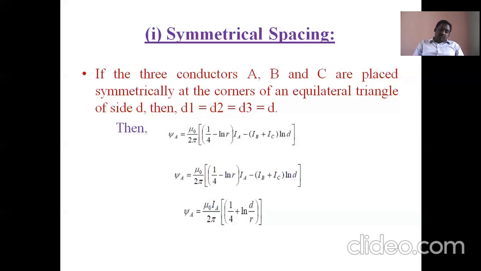So mu naught by 2 pi, Ia common, 1/4 plus natural logarithm of d minus natural logarithm of r, meaning natural logarithm of d by r. Here mu naught Ia by 2 pi, so the 1/4 term gives mu naught Ia by 8 pi, at the same time plus mu naught Ia by 2 pi into natural logarithm of d by r.